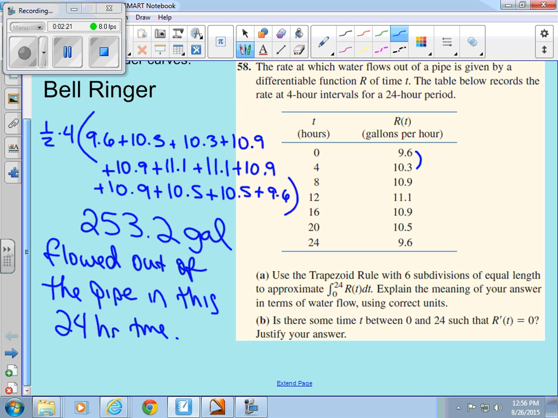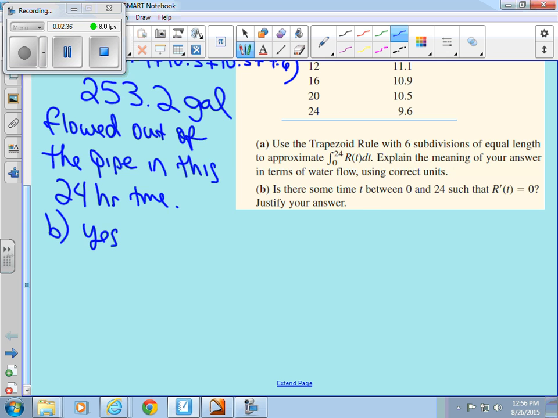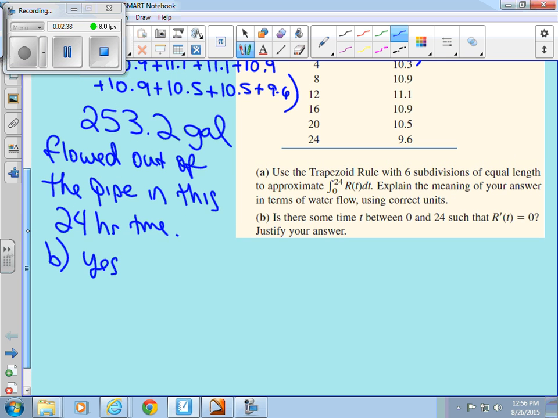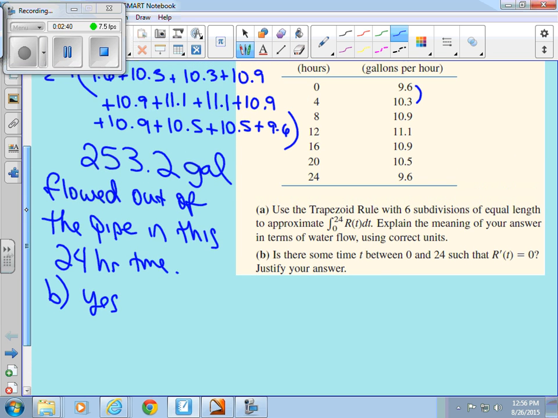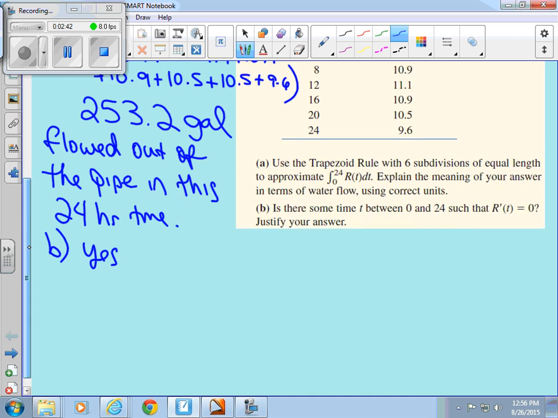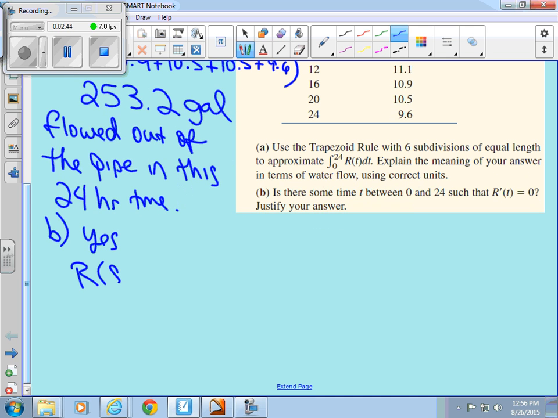Is there some time between 0 and 24 such that r prime of t is 0? Why? Good, Rolle's theorem, right? R of 8 and R of 16. Why did I pick those?